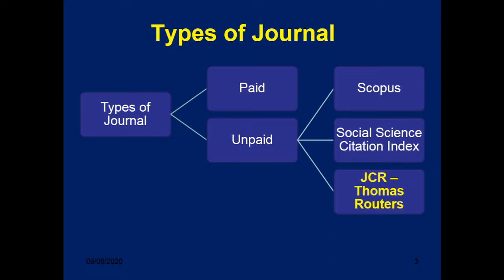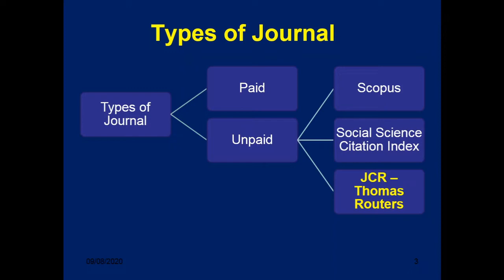But within unpaid journals, we have different databases like Scopus, Social Science Citation Index, and JCR, Thomson Reuters journals. Within these lists there are certain other indexes as well, but I would suggest you go for the JCR Thomson Reuters list.